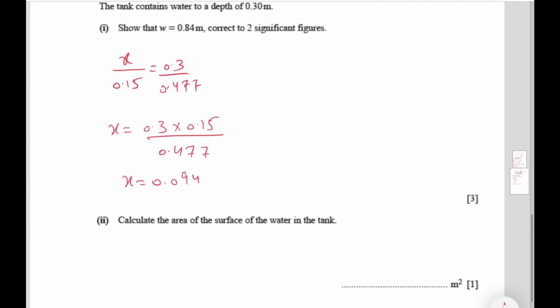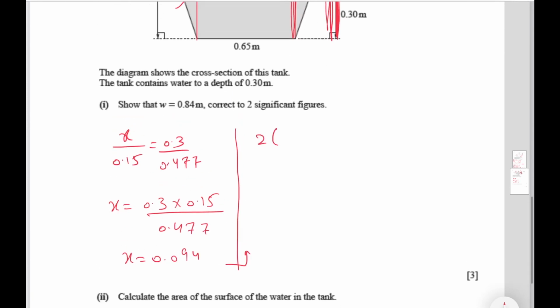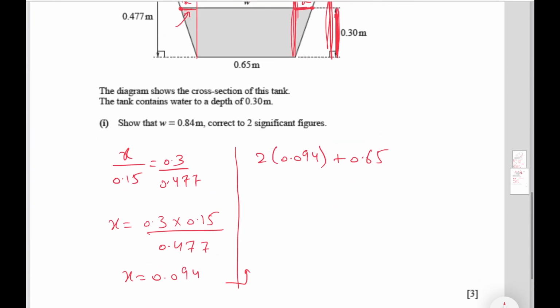Since X is 0.094, there are two X's, so we multiply 2 with 0.094 and we add 0.65 to it to get the entire length of W. So W is equal to 0.094 times 2 plus 0.65 and we get 0.84 meters. This is our answer over here and we proved it.